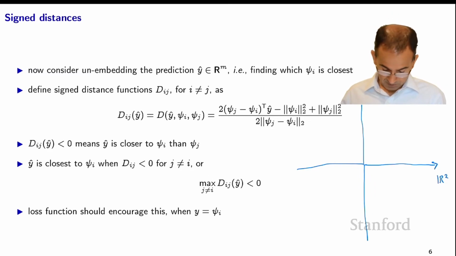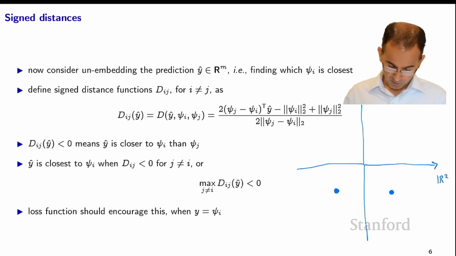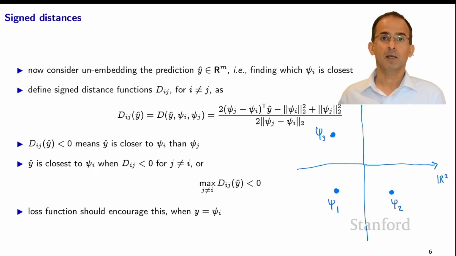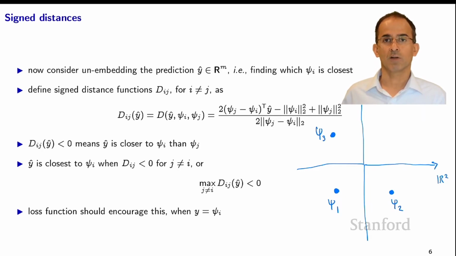And the embedding points, well, let's just pick them. Let's put 1 over here, 1 over here, and 1 over here. And I will label those psi 1, psi 2, and psi 3. And those are the points to which our categorical target variables embed.